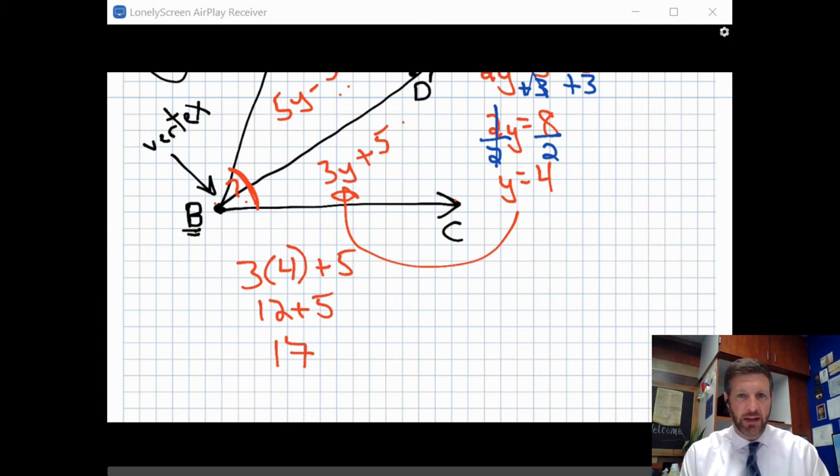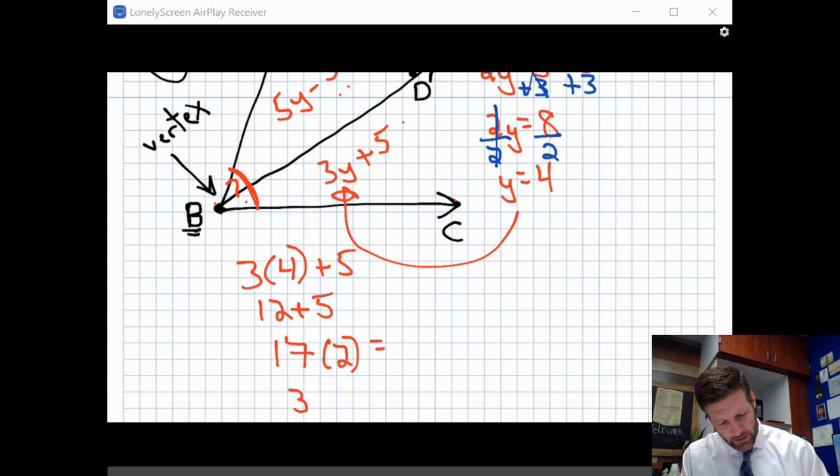That's only half of the angle, because that's why the word bisect is so powerful: you know the two halves are equal to each other. So if I multiply this by 2, I can see that the entire angle must be 34. And since we were talking about angles, I don't want to leave what I call a naked number. Always put your units on. Don't be caught with naked numbers. It's very embarrassing. 2 times 17 is 34 degrees.